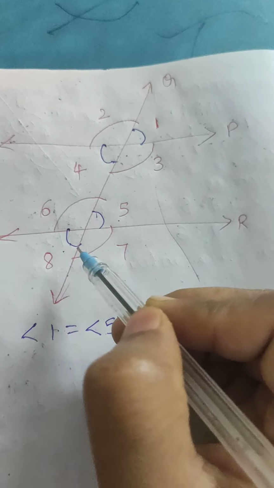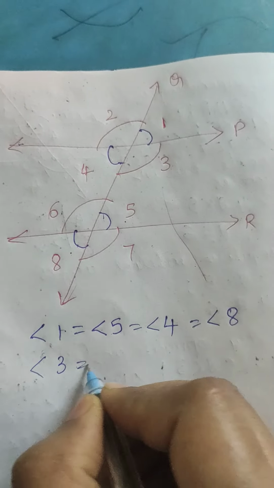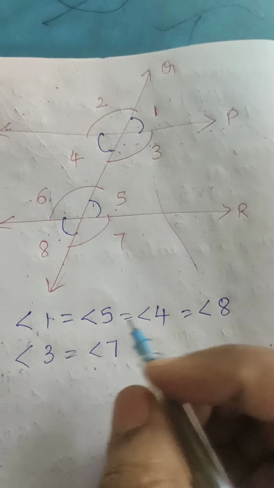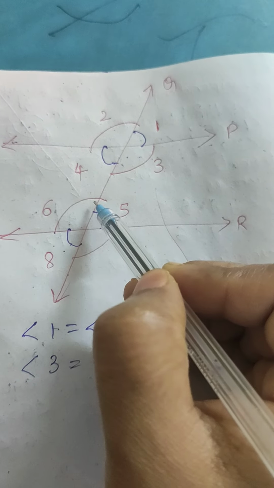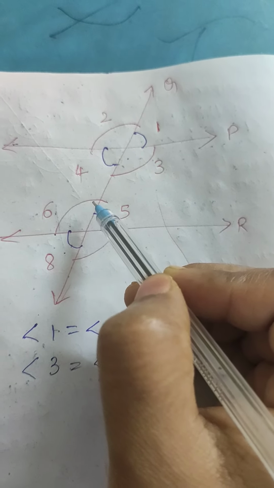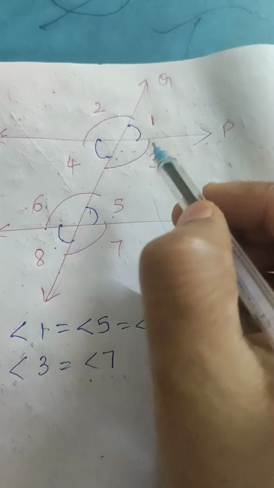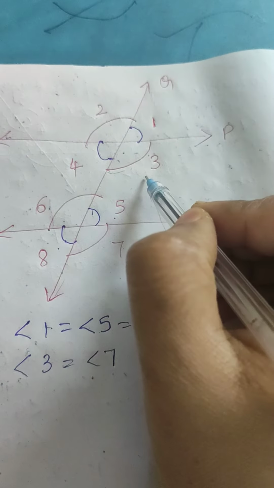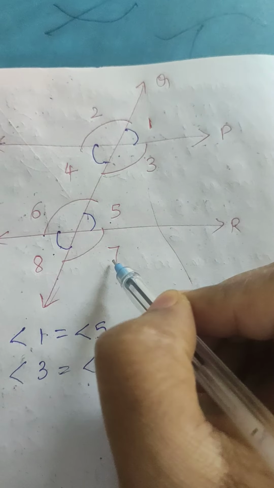Next corresponding angles: angle 3 and angle 7. Angle 3 is equal to angle 7 because corresponding angles are always equal. Also angle 2 is equal to angle 6, because here also they are corresponding angles. If you observe, 3 and 2 are vertically opposite angles, and 6 and 7 are again vertically opposite angles.